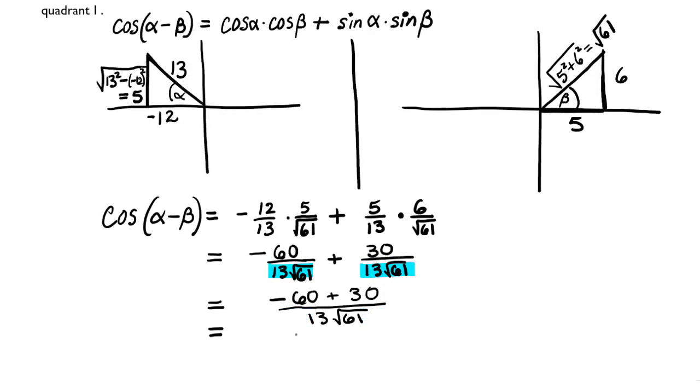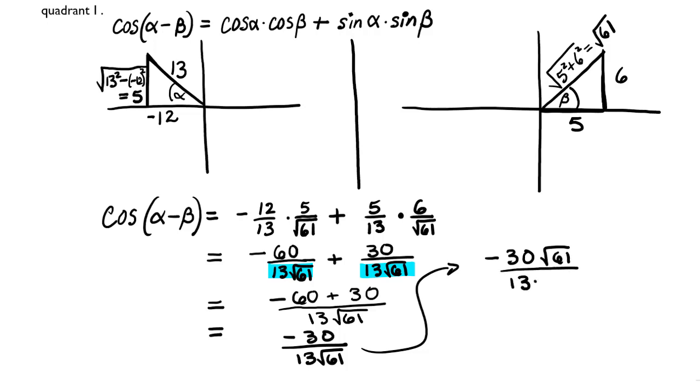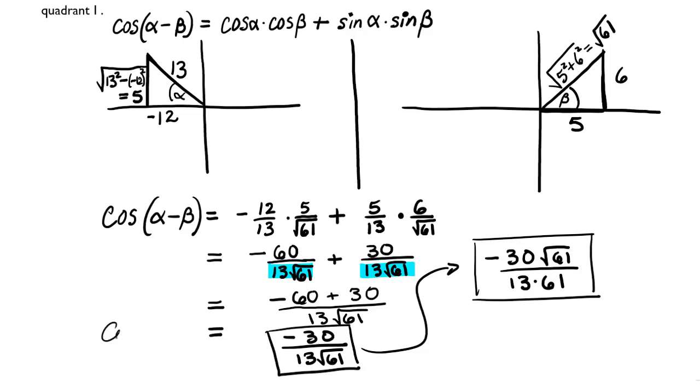If I add negative 60 and 30 together, I get negative 30 over 13 root 61. Now from here, if I rationalize the denominator, I'll have negative 30 root 61 all over 13 times 61. And that doesn't really make it any better. I would take either one of these answers as the exact value of cosine of alpha minus beta.